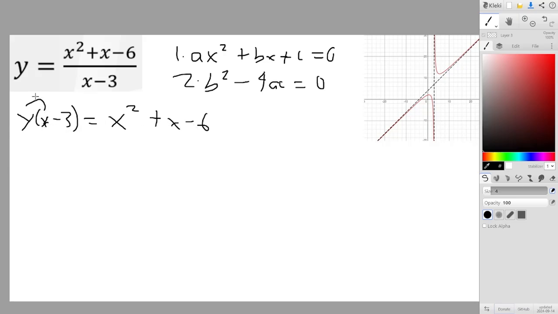And then we can distribute y to x minus 3. So this will become xy minus 3y, and then the right side remains as such.